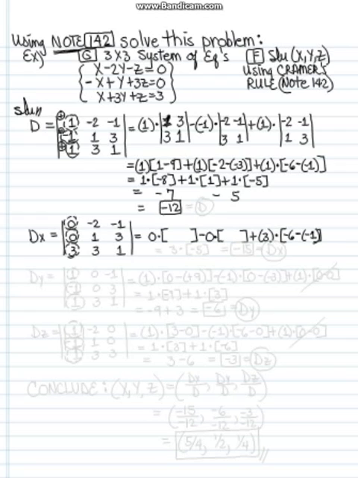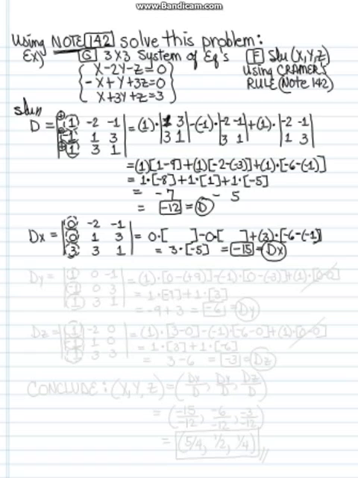I just went ahead and calculated what it was. And that equals 3 times -6 minus the minus is plus, so it's -6 plus 1, that's -5. So that equals -15. Okay, so far we have this is equal to D, this one's equal to D sub x.